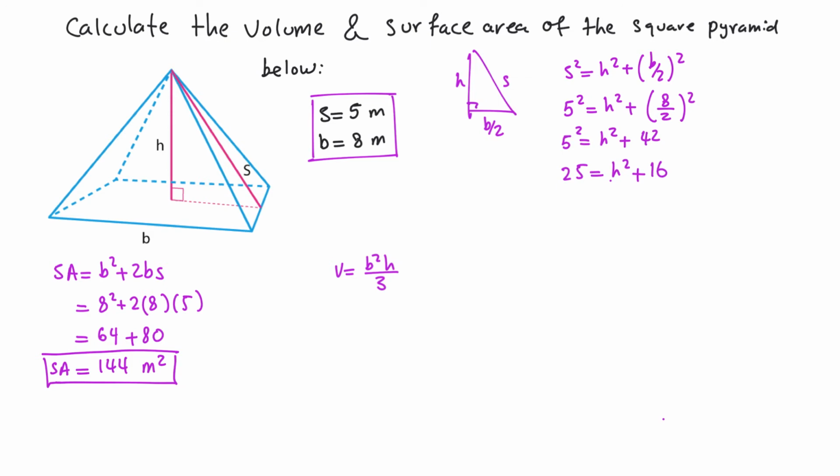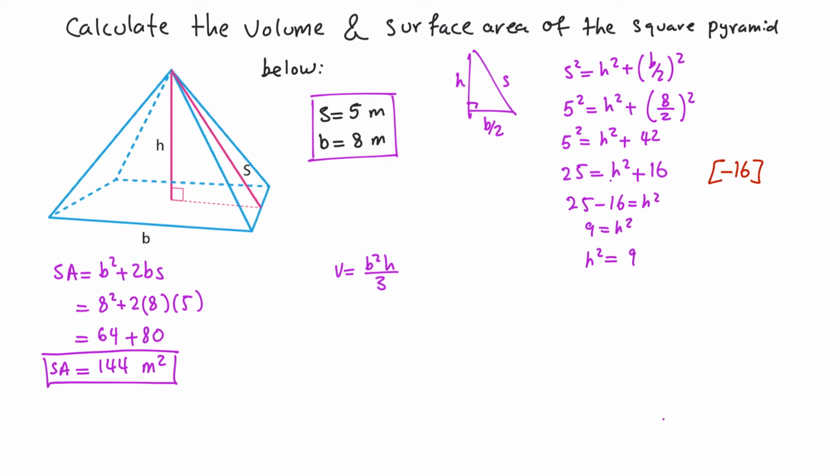Now I'm trying to solve for H here, and to do that I will have to subtract 16 from both sides, and I will end up getting 25 minus 16 is equal to H squared, so 9 is equal to H squared. And I can write that as H squared is equal to 9. I'm just switching the two sides, left hand side and right hand side.